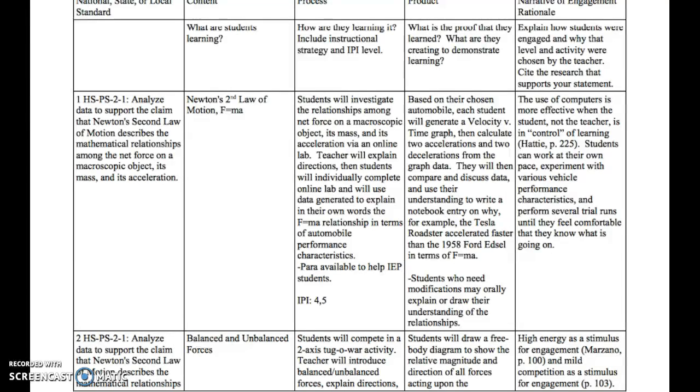So, modern sports cars like a Tesla or a Porsche use lightweight materials and have really powerful engines, and they accelerate a heck of a lot faster than the 1958 solid steel Ford Edsel that was also a choice in the program. And hopefully that's something that they kind of intuitively know from driving down the interstate before.